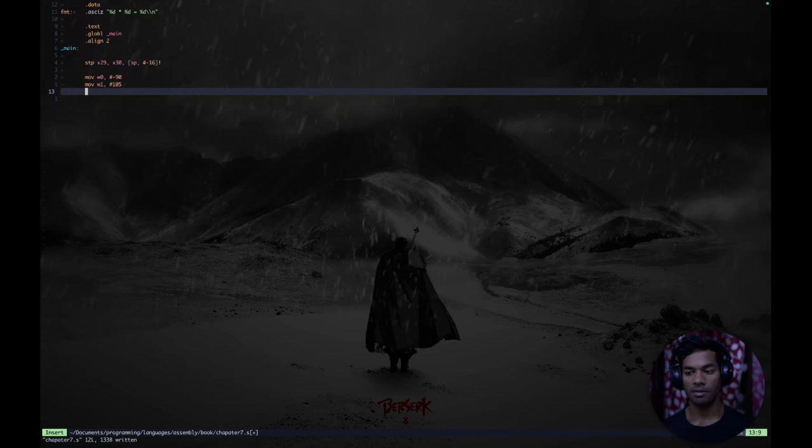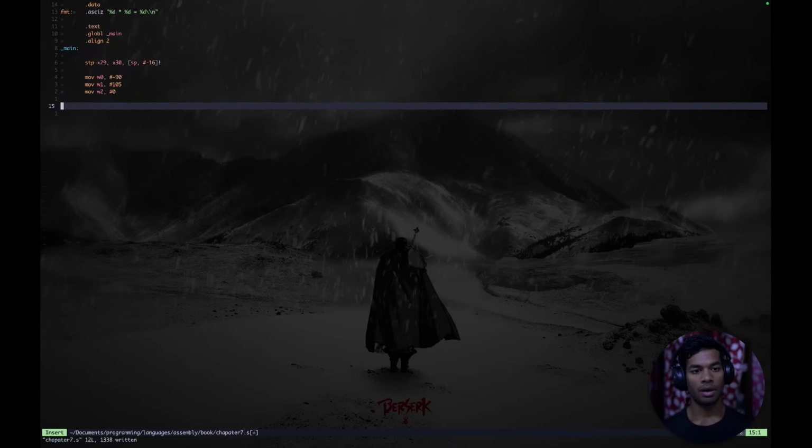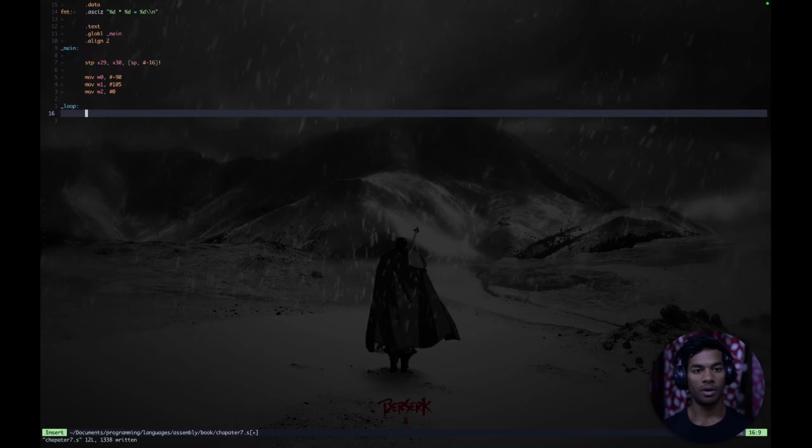Let me initialize a register. I will have the answer in W2. Okay, and here I will have a loop, and in the loop I have to get the smallest bit from W1.